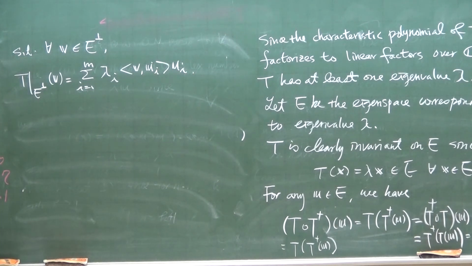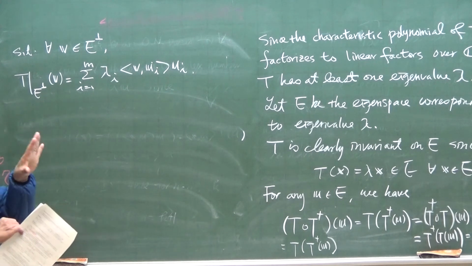Okay, because it is true, the restriction of T on E perp has a spectral decomposition. This is from the induction step.